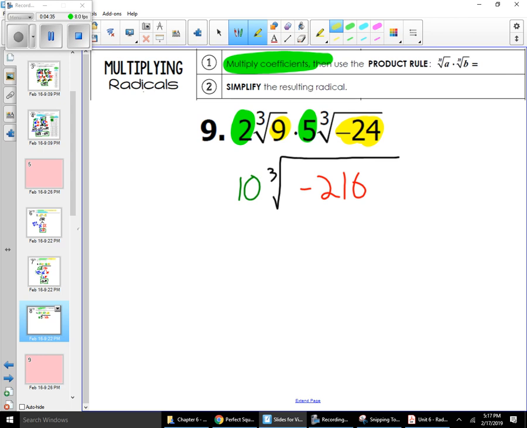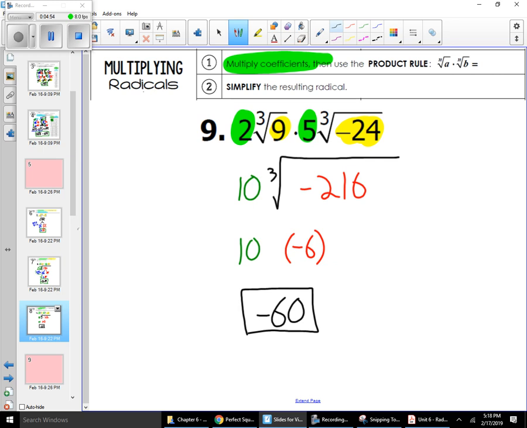That is no problem at all. So the cube root of negative 216, we don't even have to do any crazy simplifying here. That's a nice whole number. The cube root of negative 216 is negative 6. So 10 times negative 6, no worries there. We actually get a nice whole number. Albeit negative, that's much nicer than some of our previous answers.